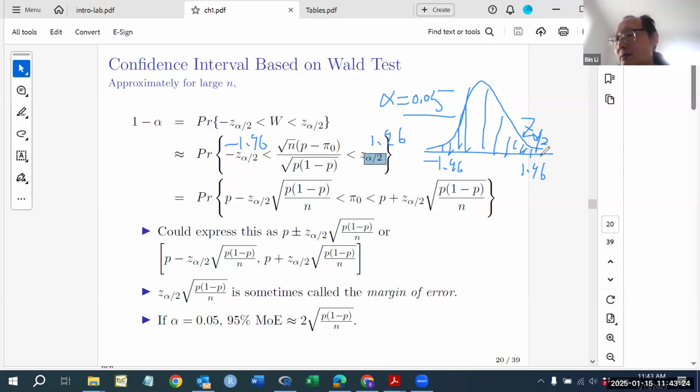Now you know what that means, right? Z sub alpha over 2 is nothing but the cutoff value that has the right area equal to alpha divided by 2. Now for this one, I use negative Z sub alpha over 2. That is the cutoff point that has the left area equal to alpha divided by 2. So these are the notations.